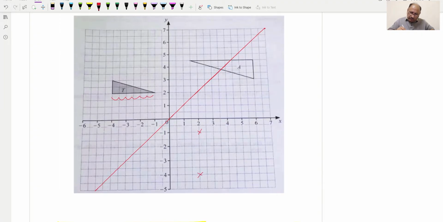So this will be the mark. And next is 1, 2 units, and this one. So we got the vertices of the triangle, and we can draw the triangle, which is the reflected triangle required.